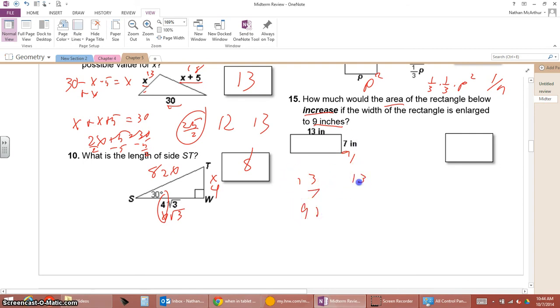Now we're making it 13 times 9, which is going to make it 117. So now the difference between these two is 117 minus 91. This gives me 6, and this gives me 2. So the difference would be 26 inches squared. That's the difference in the situation.